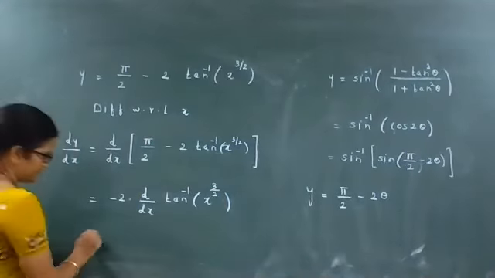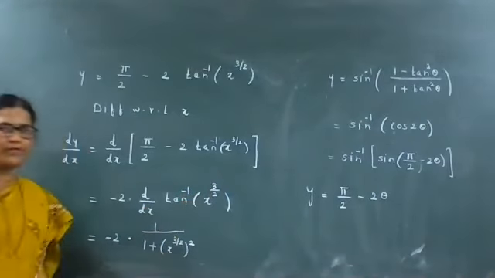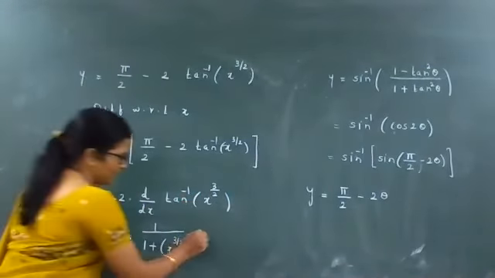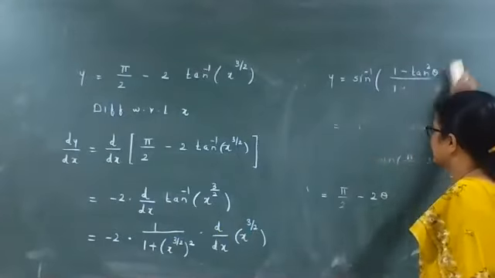Why? Derivative of tan inverse u, it is 1 upon 1 plus u square into d by dx of u. Write this derivative now, x raised to 3 by 2. This is simple.